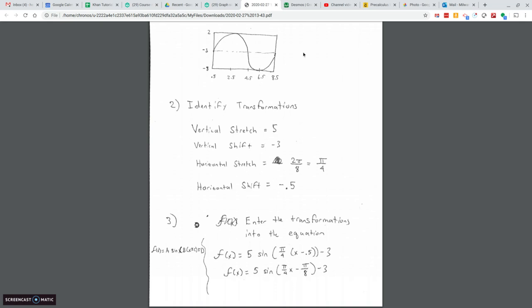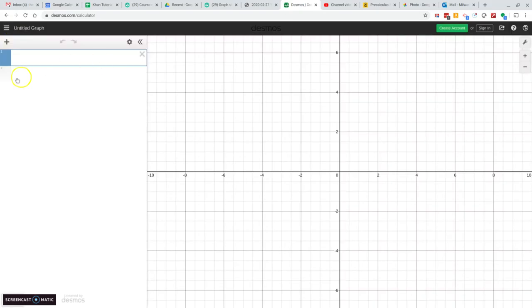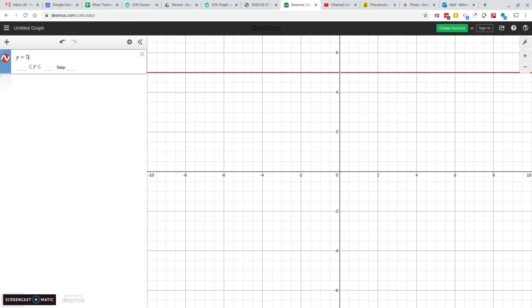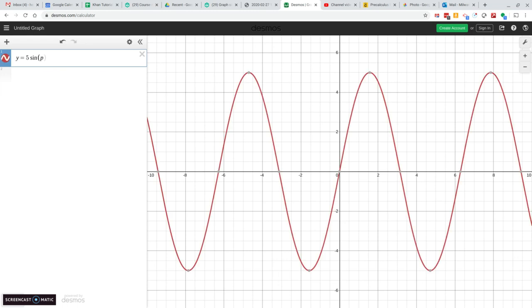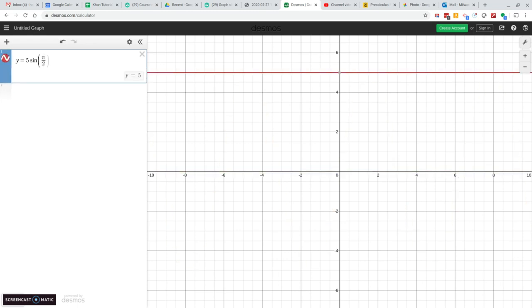Now, one thing I would say is that it's always great to just graph this equation on Desmos. All right, let me do that real quick. So y is equal to, I think it was 5 times sine, yes, sine, and then what was it, pi over 2, or pi over 4?